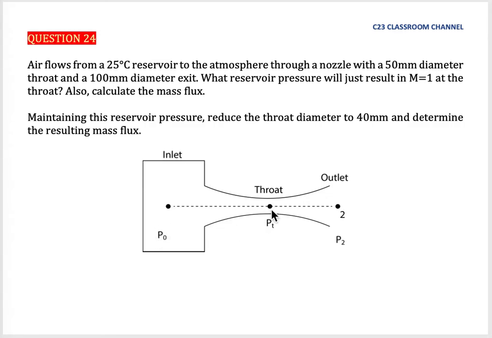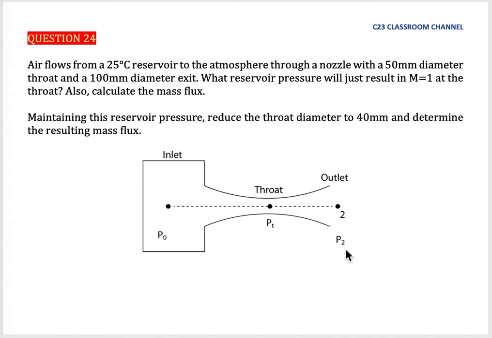At throat here, we could say it is a critical pressure, PT. T is for throat, because Mach number at throat usually is equal to 1. And then this is the outlet. So at the outlet, we could say that the atmospheric pressure is the final pressure that occurs at the outlet.